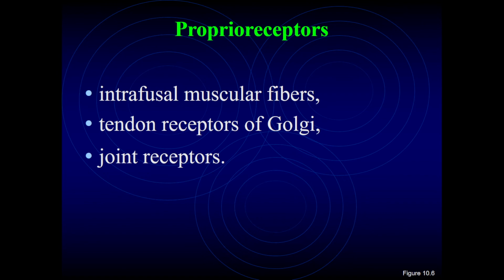Proprioceptors include intrafusal muscular fibers, tendon receptors of Golgi, joint receptors.